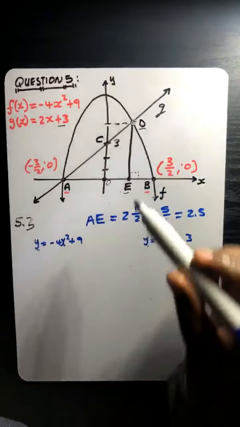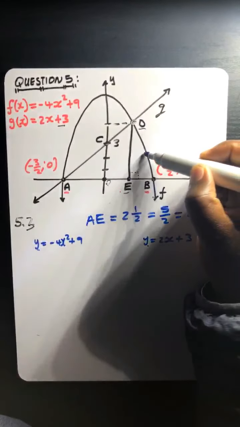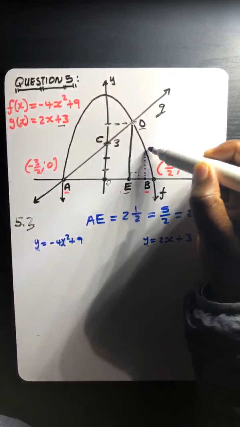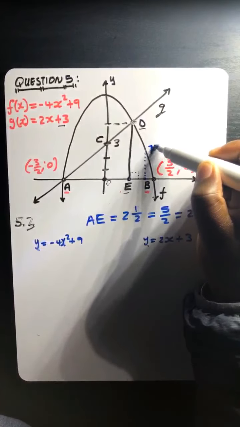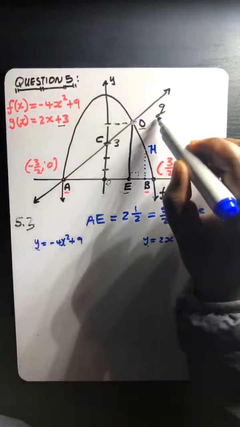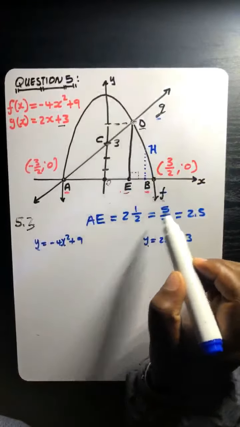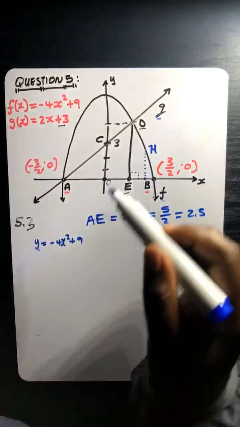So that means if maybe you had a point there, I'm giving an example, and you have a vertical line up to somewhere there, and they say maybe this is F, G, H. Why am I saying F and G? It's because already these letters were used, F and G. So you use the next letter that comes from the last letter that was used.